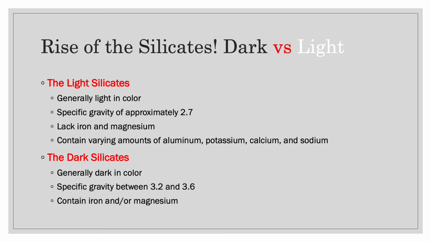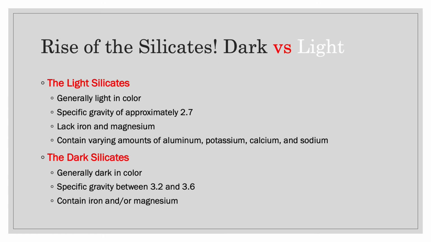And they lack the elements iron and magnesium, which makes sense because iron and magnesium are heavier elements. And these light silicates usually contain varying amounts of the lighter elements aluminum, potassium, calcium, and sodium.